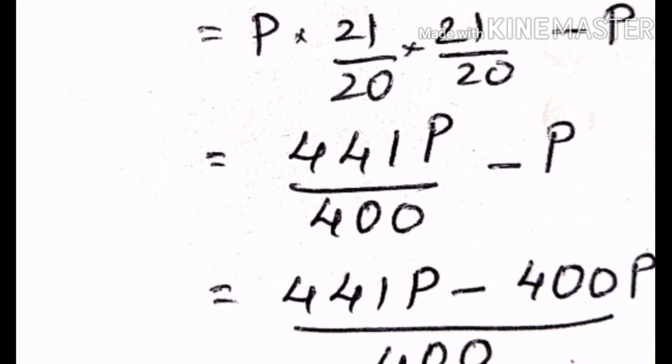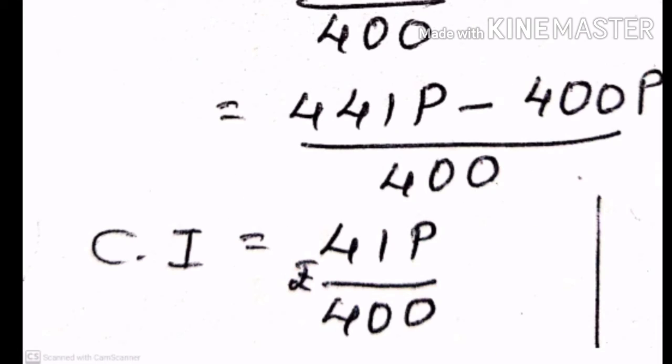So the first term is 441p upon 400 minus p, and taking LCM we get 441p minus 400p upon 400. The subtraction of 441 and 400 is 41p upon 400, which is our CI value. Whatever I explained is here: CI value is rupees 41p upon 400.